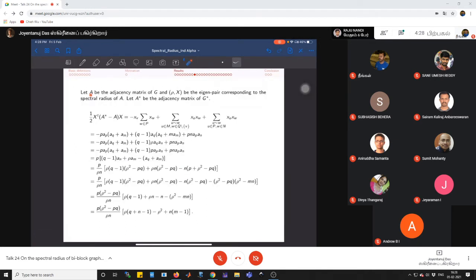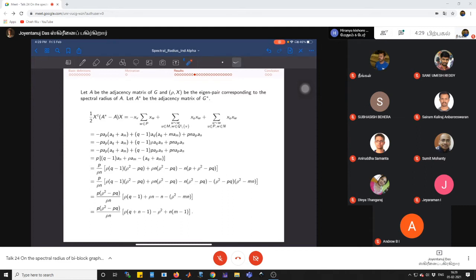Here, as usual, A is the adjacency matrix of G, rho and X are the eigenvalue and eigenvector corresponding to the spectral radius of A, and let A star be the adjacency matrix of G tilde. If I can show that X transpose times A star minus A times X is greater than or equal to 0, then we are done. This can be written as the following summation.